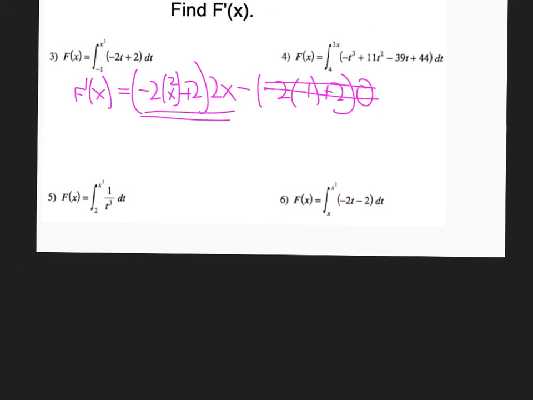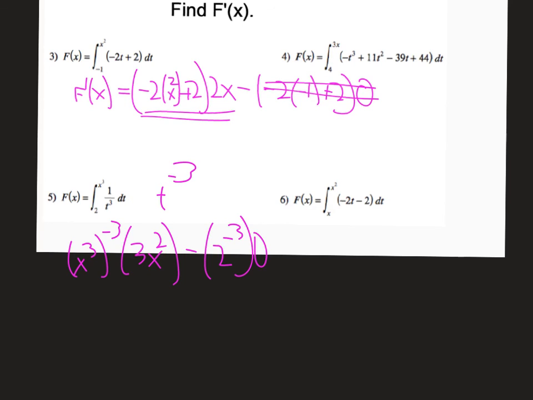That's t to the negative 3. So that's going to be x cubed to the negative 3 times 3x squared minus 2 to the negative 3 times the derivative of 2. That's 0, so that goes away. So I just have this piece.